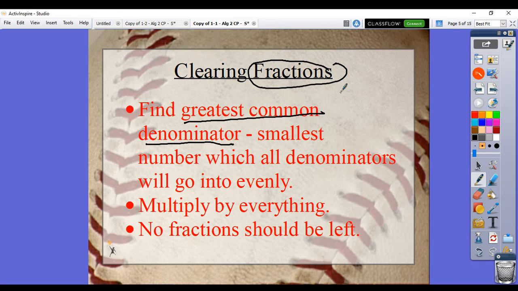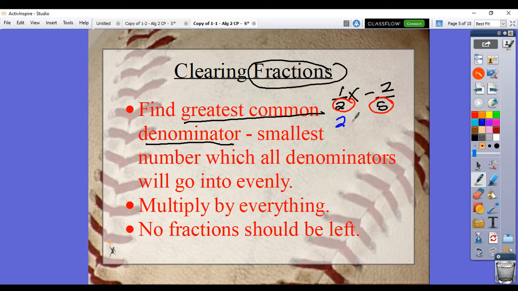Meaning, if I have 1/2 x, let's say, minus 2/5, the denominators here are 5 and 2, right? The number common to 2 and 5 will be what? If you answer 8, you're wrong. It has to be 10.